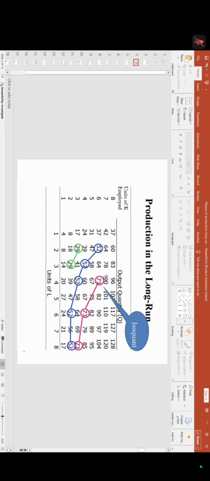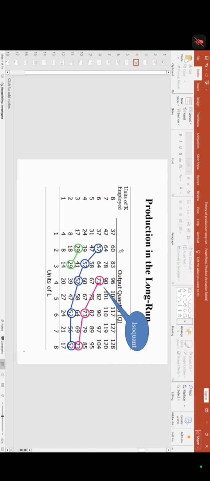So that is not your optimal output. So you need 73. Okay, what kind of combination would you use to get 73? How much capital do you use? How much labor do you use?